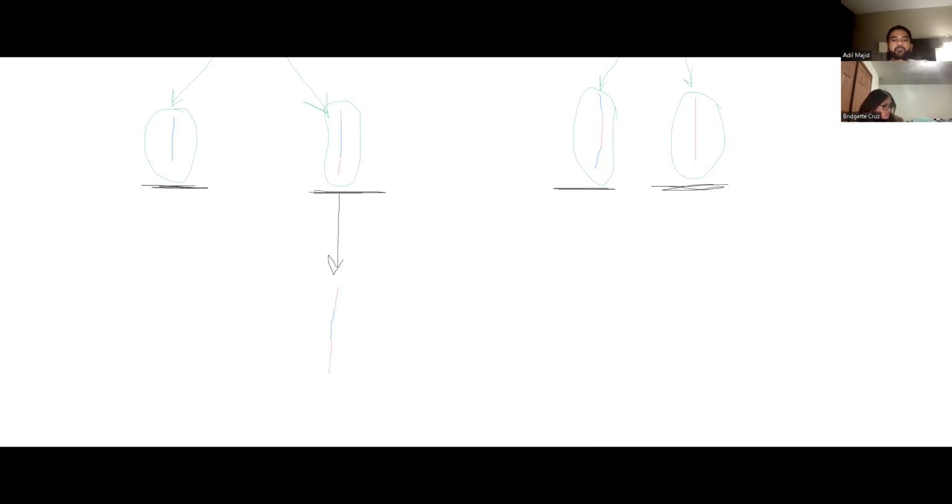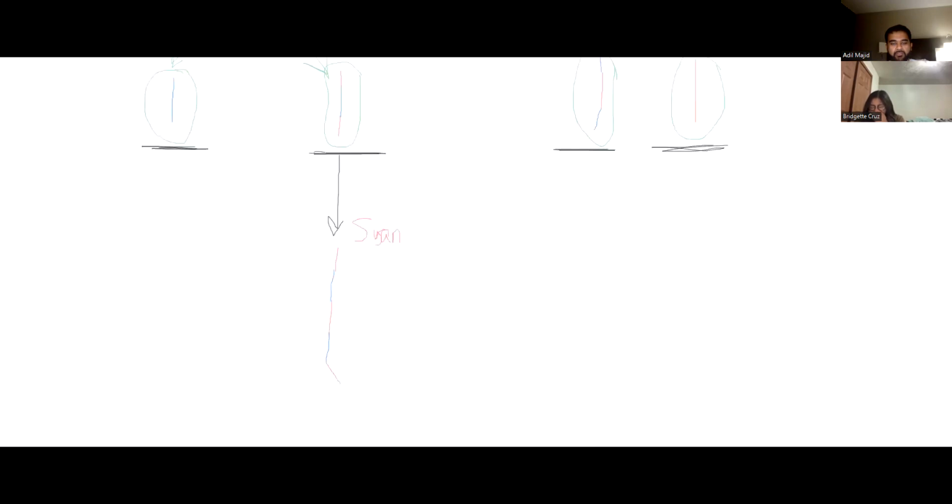Let's say this is a haploid cell that lives in Susan. So Susan is the person, and this is her haploid cell. She has 1, 2, 3, 4 genes: red, blue, and then we'll make the last one red, okay? Does that make sense?